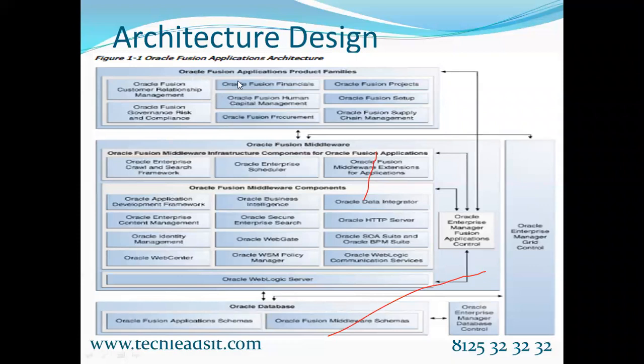In the application layer, we have Oracle Fusion application product families. A product family is nothing but your modules and offerings: financials, projects, supply chain management, HCM, procurement, and so on. The middleware is related to your product families, and the database is related to your application database.